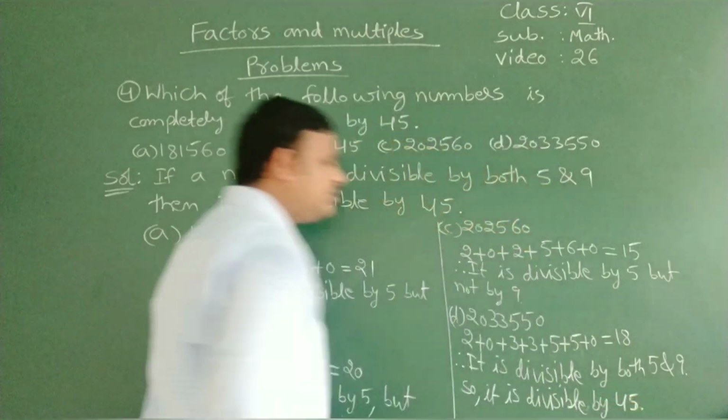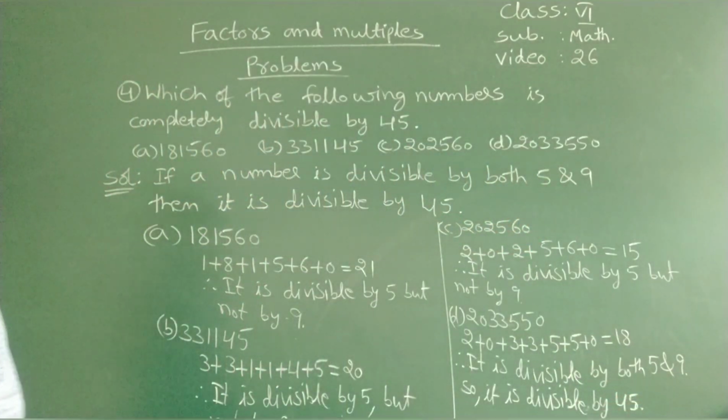Understood? So we have to check for 5 and 9. The last number is divisible by both 5 and 9. That's why automatically it is divisible by 45. So all of you enter this solution also.